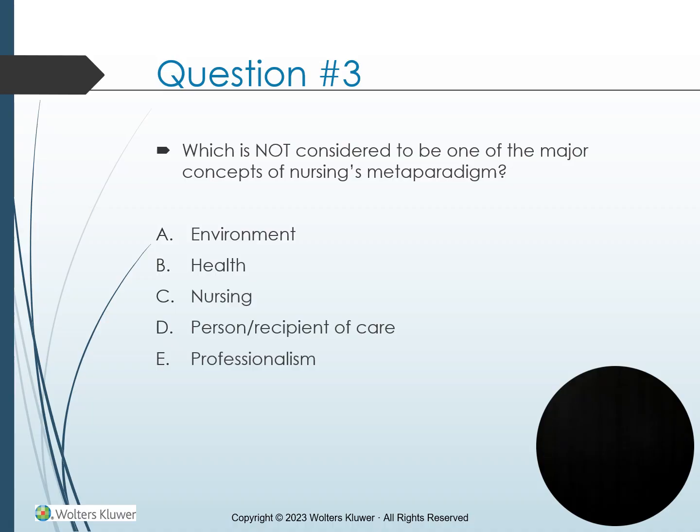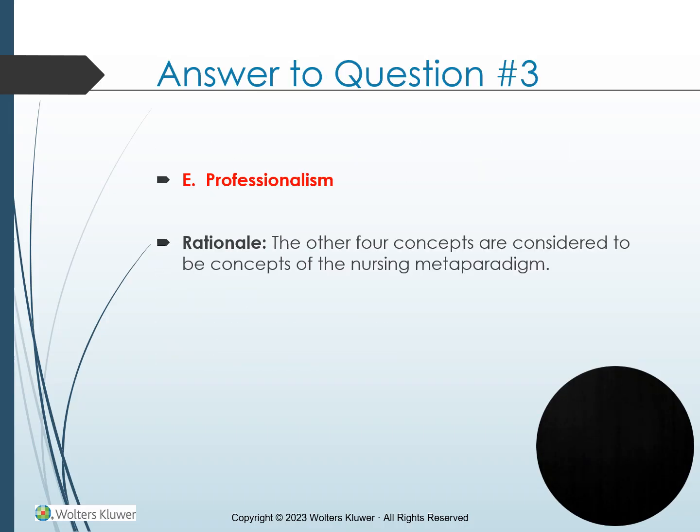I'll say that one more time. Environment, health, nursing, person/recipient of care, or professionalism. Which one of these is not a major concept in nursing meta paradigms? I know you all got this correct. Professionalism. The other 4 concepts are definitely considered major concepts of nursing meta paradigms.